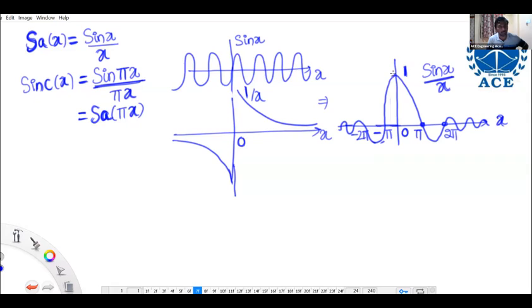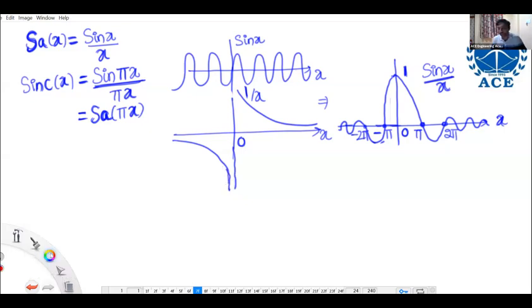For certain values of x, the result becomes 0. So roughly, that is the graph of the Sa function.